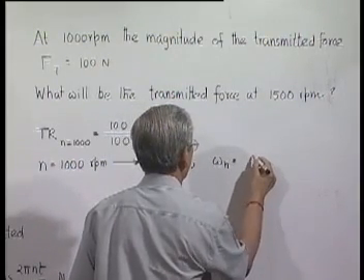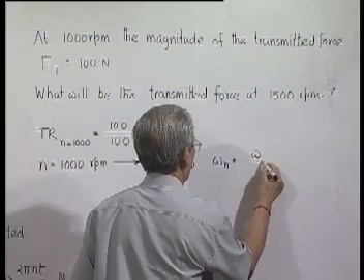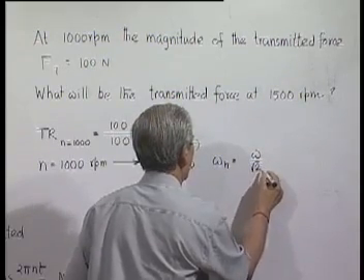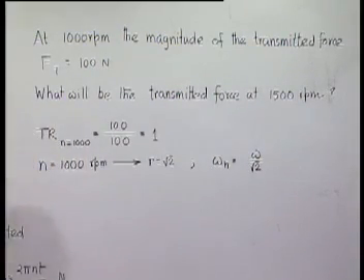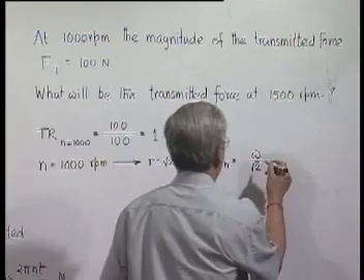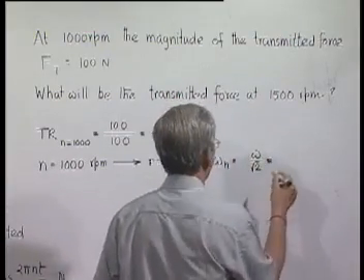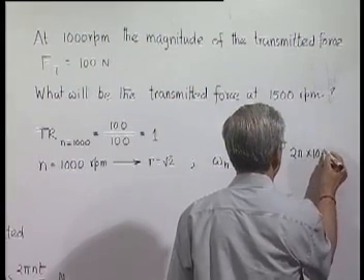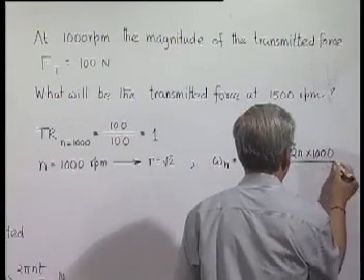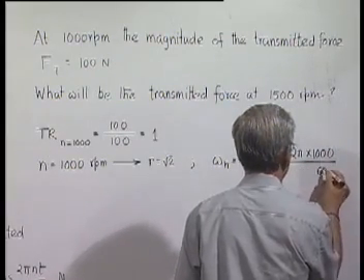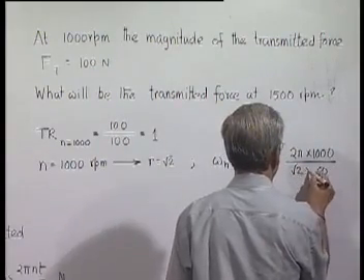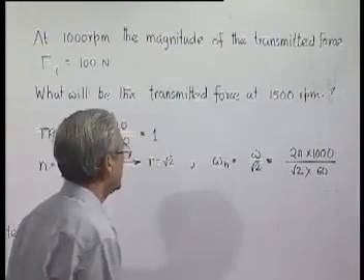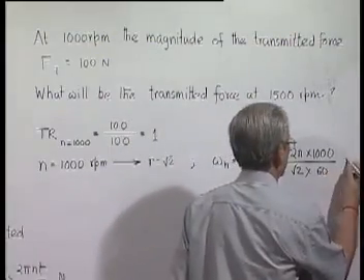The actual operational frequency omega by root 2 is the natural frequency, and this we know, omega is 2 pi into 1000 RPM divided by 60, by root 2. This many radians per second is the natural frequency.